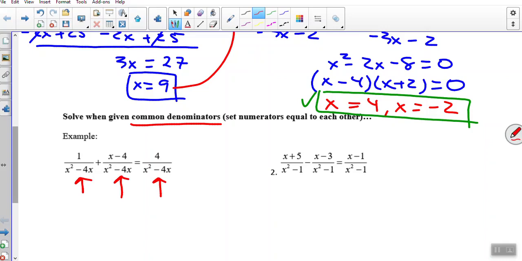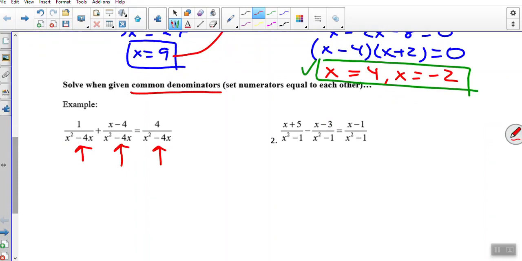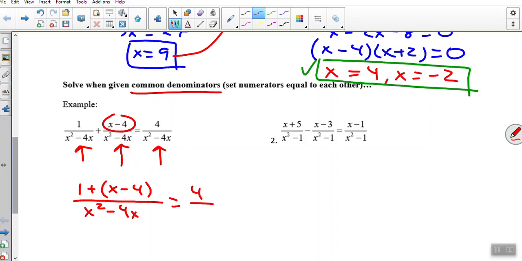Let's do the left side. I can just say 1 plus parentheses x minus 4. You should always use parentheses when you're combining these numerators. And this is all over x squared minus 4x equals 4 over x squared minus 4x.